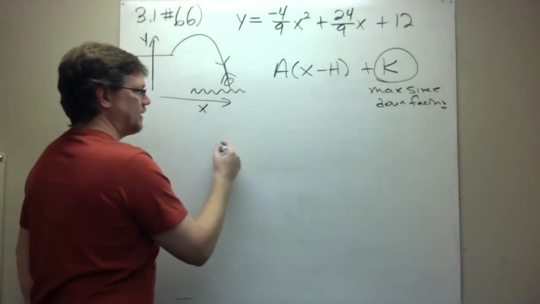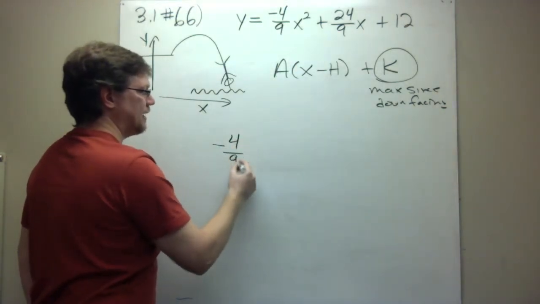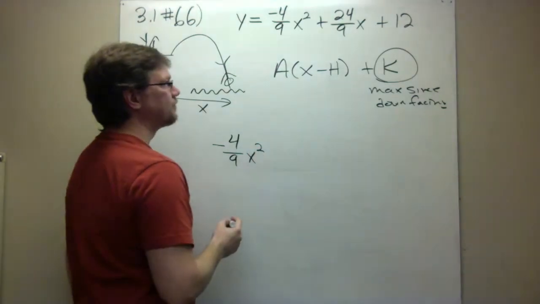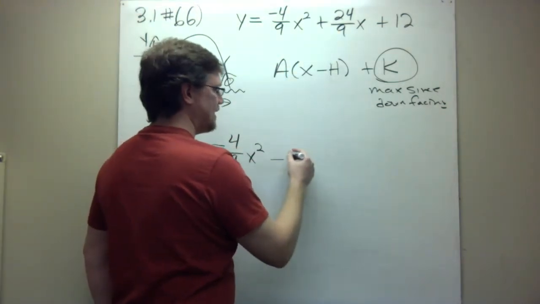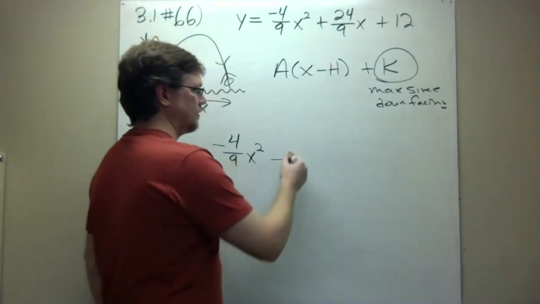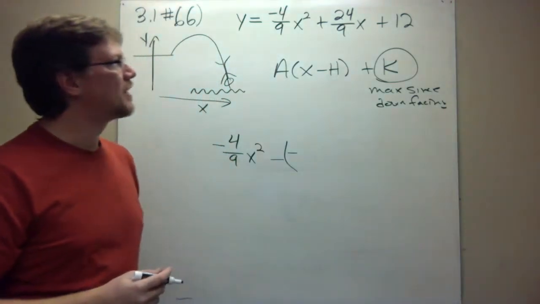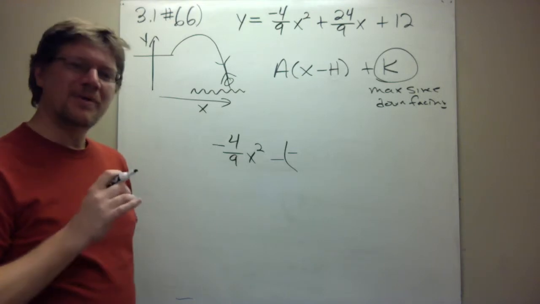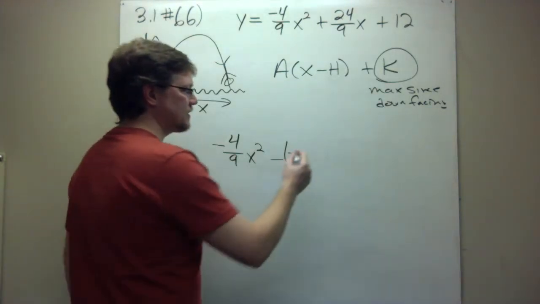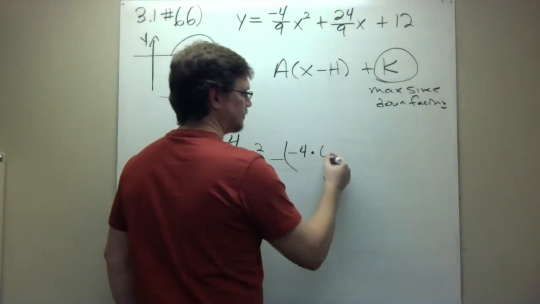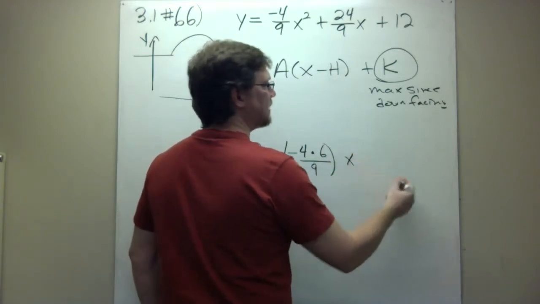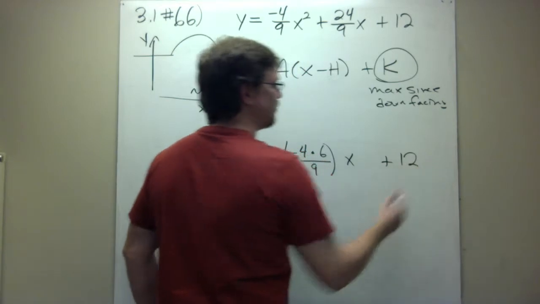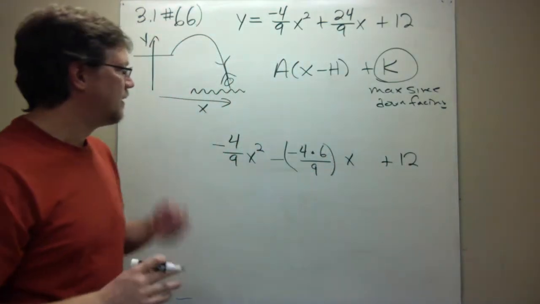So I'm going to get minus 4/9 x squared plus 24/9 x is minus a negative 24/9. 24, if we remember, is 4 times 6, all over 9, times x. And then I'm going to get this plus 12 hanging out there.